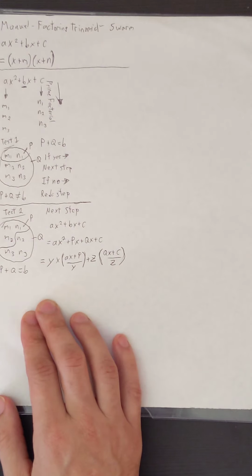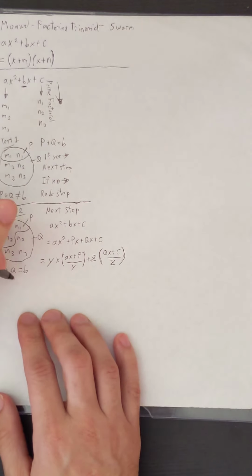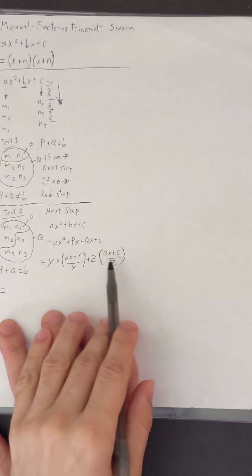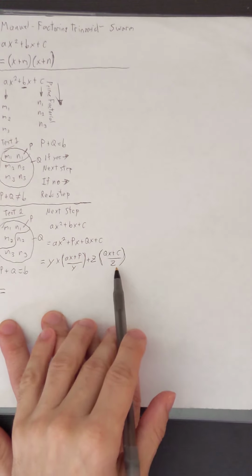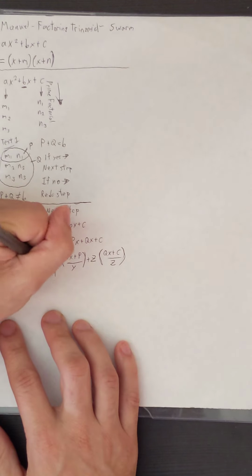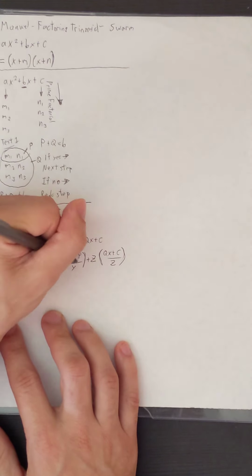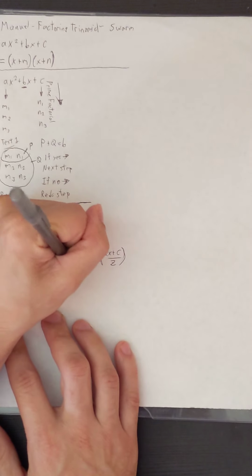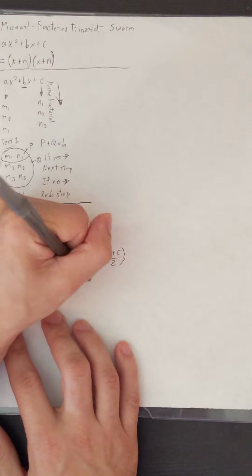So now there's another last step that looks a little bit like magic until you're more familiar with it. One thing we want to be sure of is that this statement is true: ax plus p over y, so this term here, is equal to qx plus c over z.